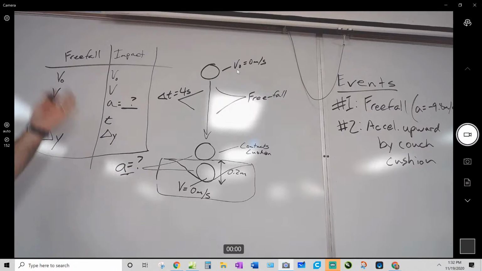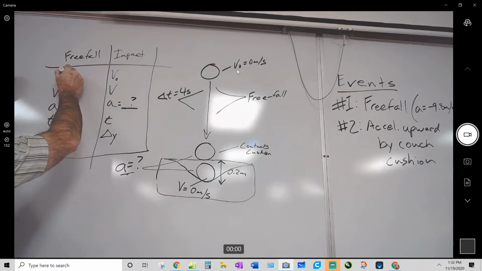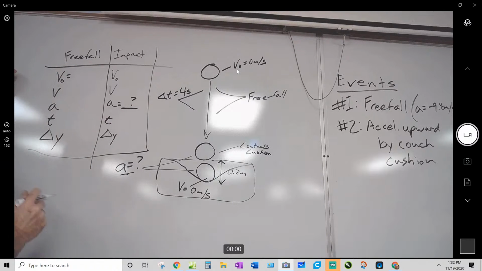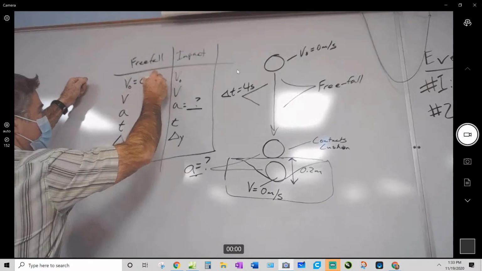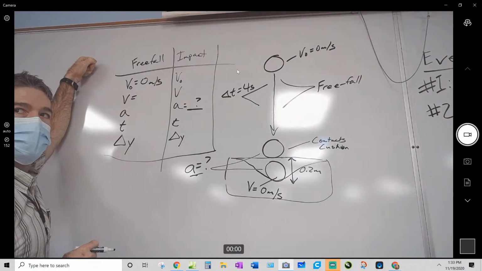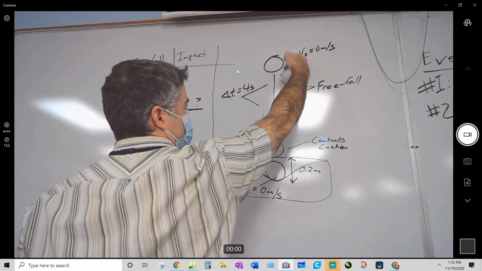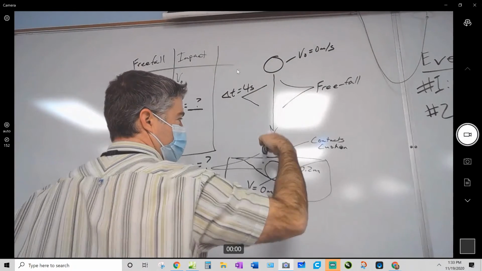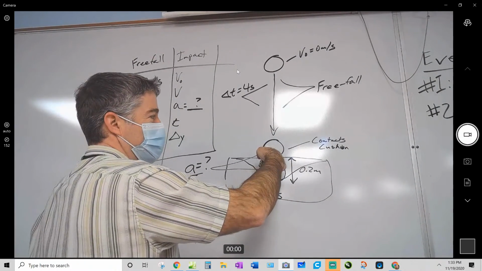So I'm going to just start filling stuff in. For the free fall part, what's V0? Whoops. 0. What's V? Do I know? For this first part, the moment when it's right here, that would be when it has its final velocity.